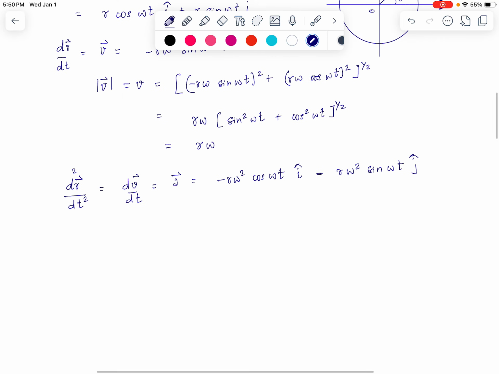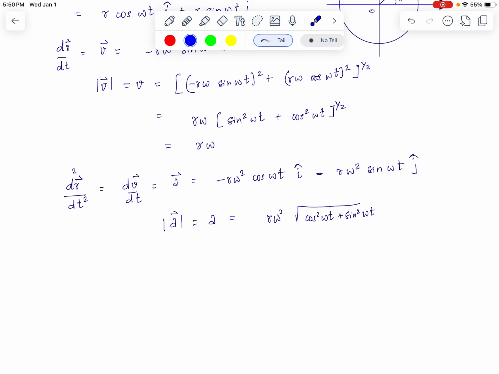So now similarly we find the magnitude of the acceleration and call that a scalar number for acceleration. That's equal to r omega squared times the square root of cosine squared omega t plus sine squared omega t, and we know that this is 1, so this is nothing but omega squared r.